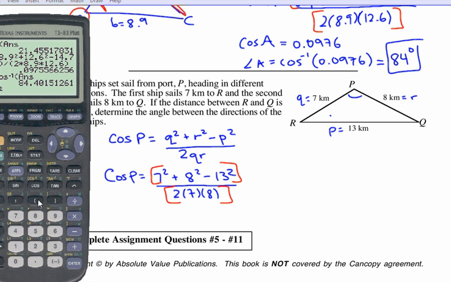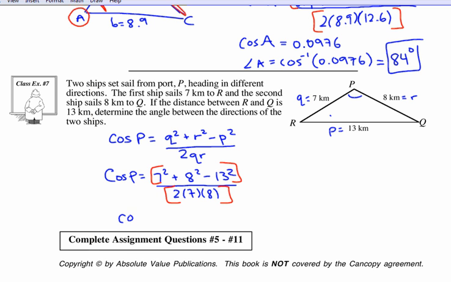So, bracket, 7 squared plus 8 squared minus 13 squared. Close the bracket, divided by, open another bracket, 2 times 7 times 8. Again, we expect a decimal. So I get cos of p equals negative 0.5. Don't be alarmed by the negative.